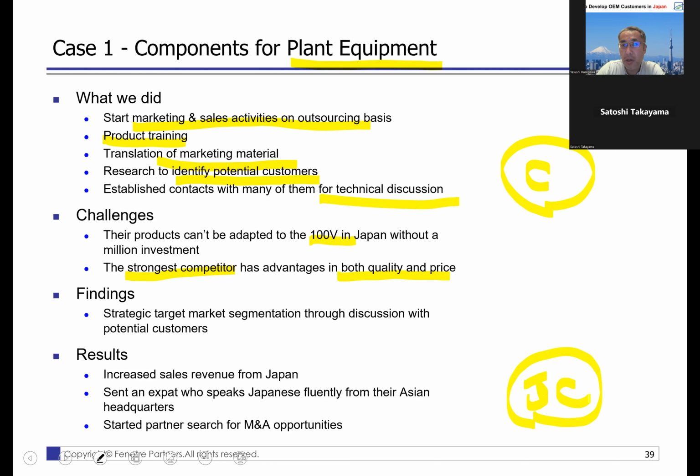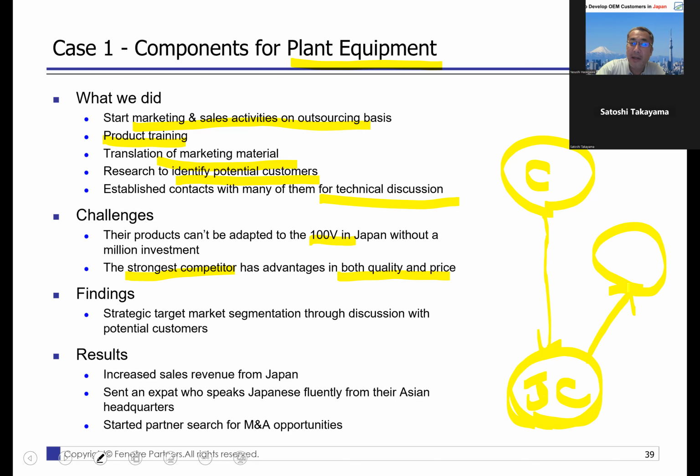Products used in Japan can't adapt their products. So the solution was that these Japanese companies export their products overseas, like the Middle East or Southeast Asia, because their plant equipment is used for the oil and gas industry.